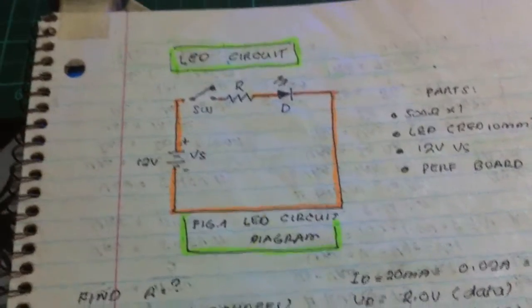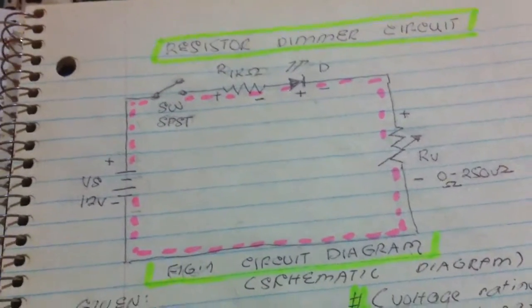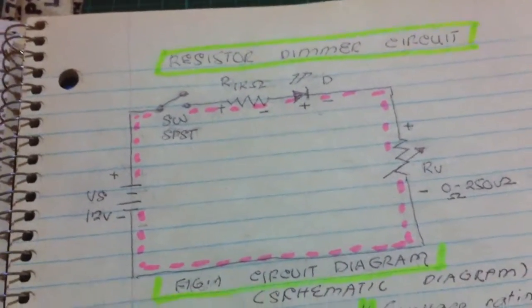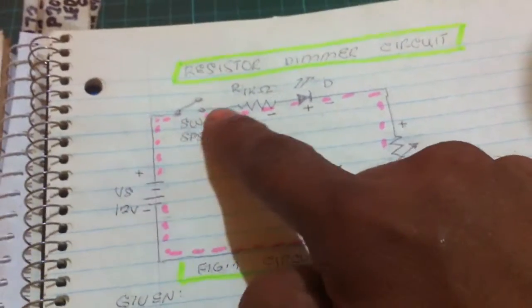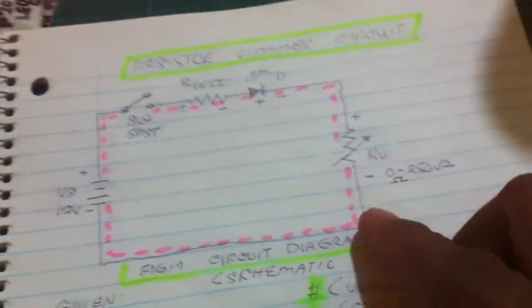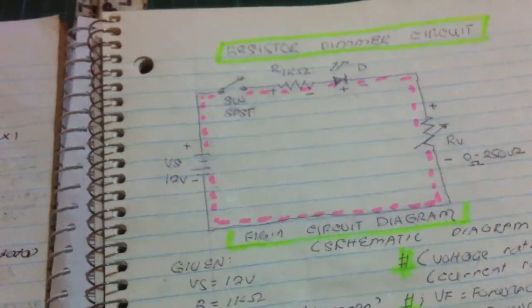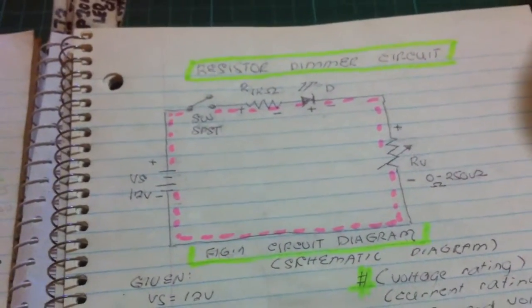That is the difference. Let's analyze the circuit. When you close the switch, current flows through the resistor, LED, and variable resistor to the ground.